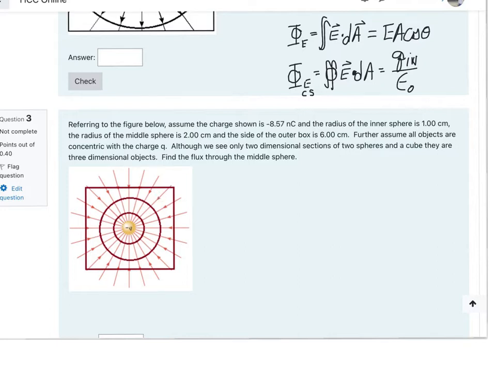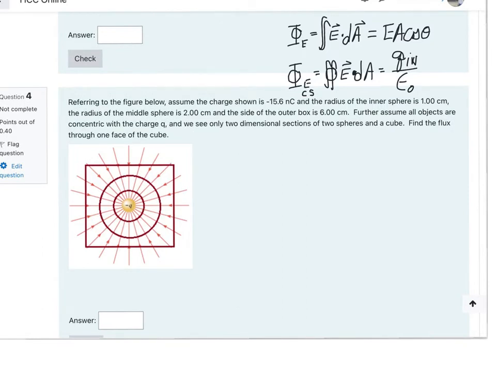Because the number of field lines is the same, but really the reason is that the charge enclosed is the same. So the flux through the middle sphere, it doesn't matter which sphere, you just take Q inside divided by epsilon naught, and the flux will be going in, so negative. So make sure you get the right sign and make sure you put the units.